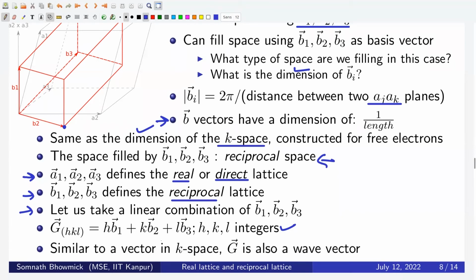Similarly, a linear combination of B1, B2, B3 will give us a vector in the reciprocal space. We know that wave vectors in K space have a dimension of 1 over length, and G also has the same dimension of 1 over length. So that is why we can argue that this G is also a wave vector.